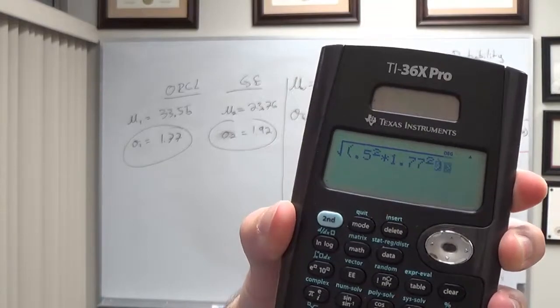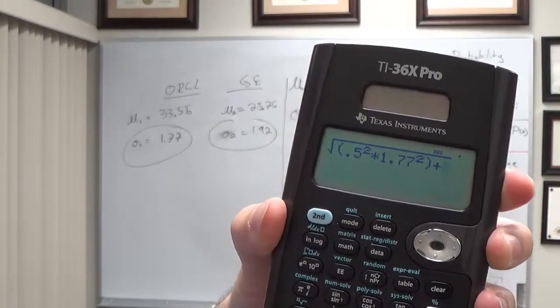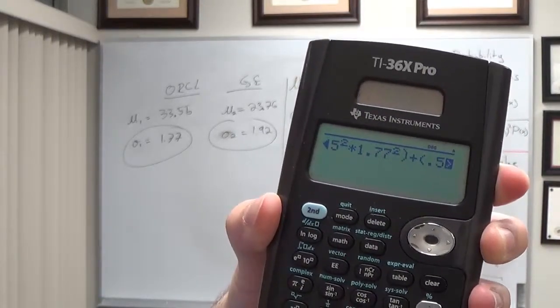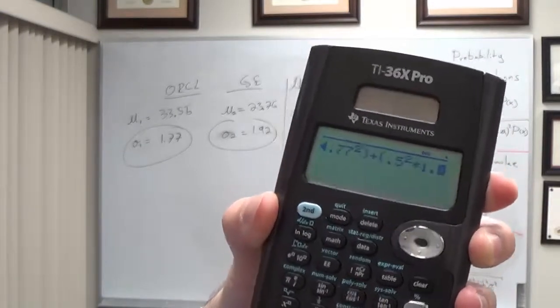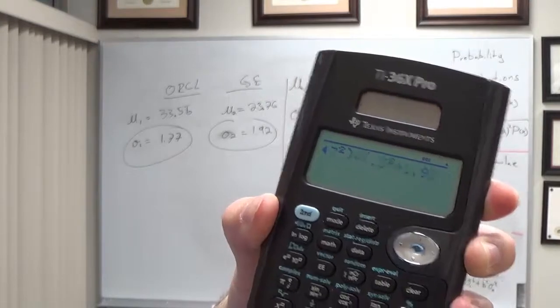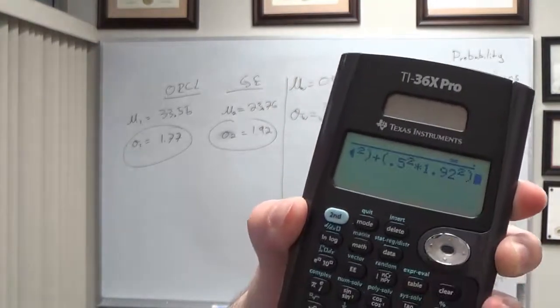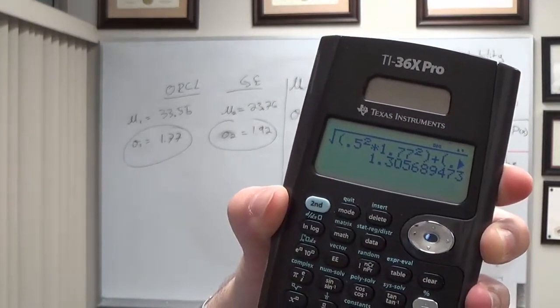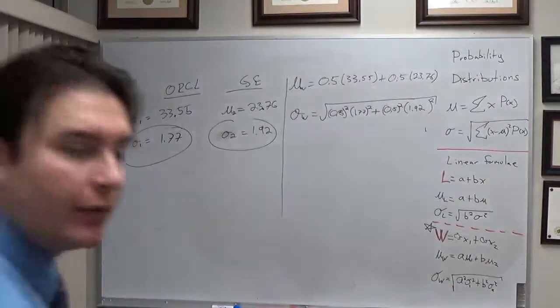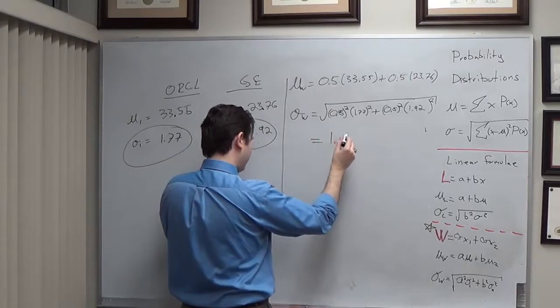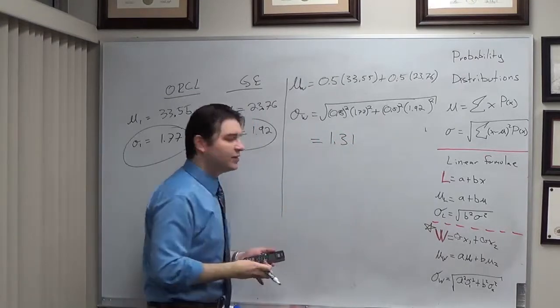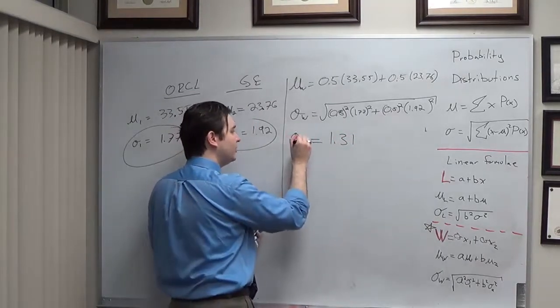And then I'm going to close those parens and hit plus. And I'm going to open the parens, and again I'm going to hit 0.5 squared times 1.92, quantity squared. Close those parens, hit enter, and you see I get 1.305, and it keeps on going. I will round to 2 decimal places, 1.31 is my new sigma W.